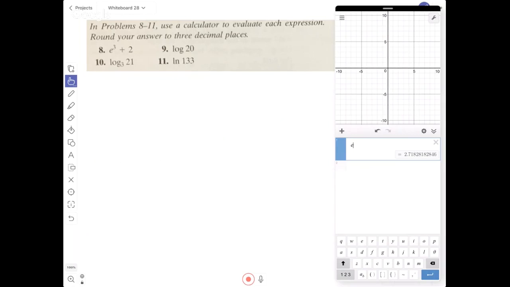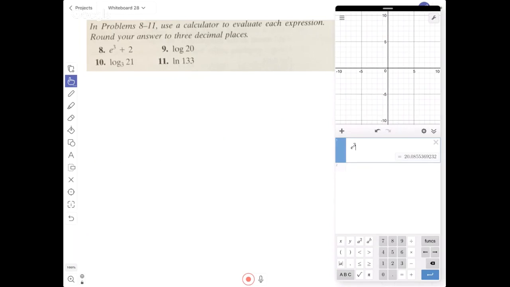Make sure you know how to do this on a scientific calculator. e to the 3rd plus 2. It looks like number 8 is 22.09. 3 decimal places. 22.086.